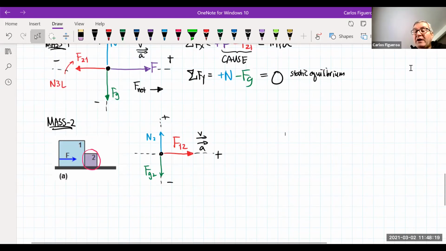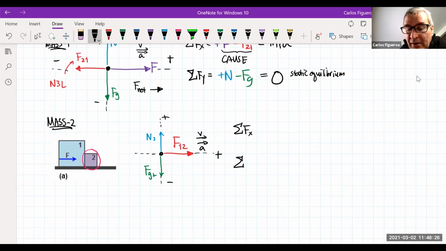So now, if I look at this, you could see that I have what? F12 is in the positive direction. What mass am I accelerating?